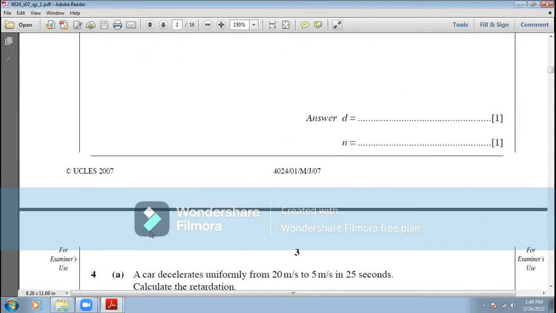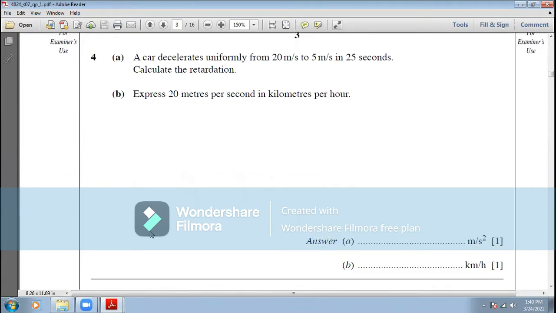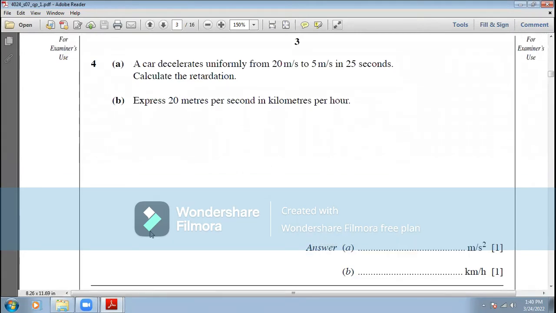Hopefully you understand. Okay, the next question coming up on your screen is question number 4 from the May-June 2007 paper. A car decelerates uniformly from 20 meters per second to 5 meters per second in 25 seconds. Calculate the retardation.